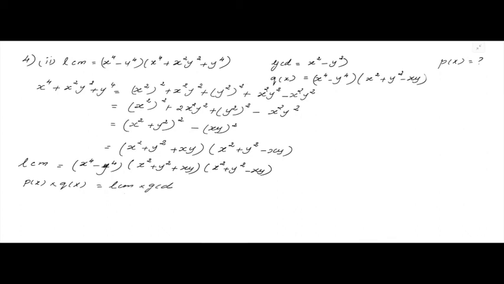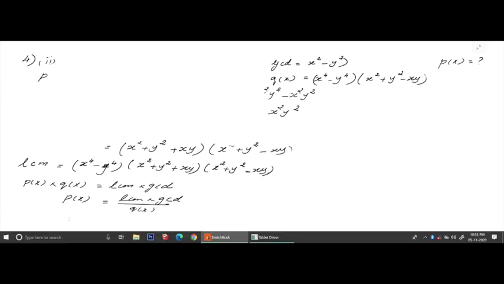So you have your p of x here and take the q of x to the next side as denominator. And now you substitute that. What is your LCM? It is x power 4 minus y power 4 into x square plus y square plus xy into x square plus y square minus xy.